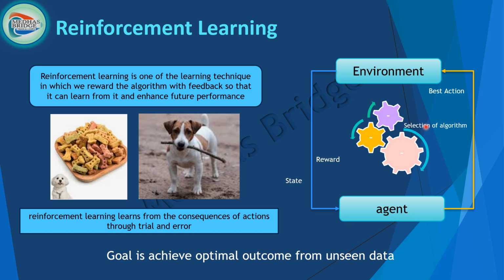Okay, it's about taking suitable actions to maximize the reward in a particular situation. So basically the reinforcement algorithm is used to find the best possible solutions for a given specific situation. That is how you look at it.